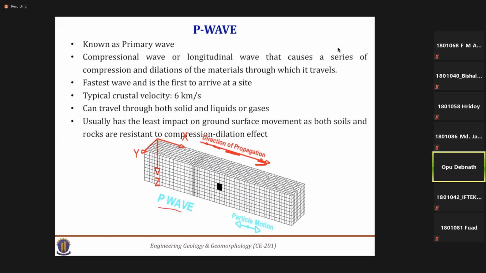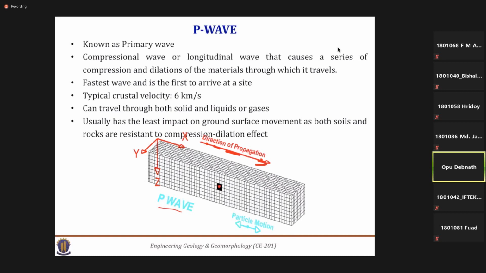If we consider this block, these particles are moving along the direction of propagation. It is a series of compression and dilation, compression, dilation. Thus the wave propagates and travels through materials.